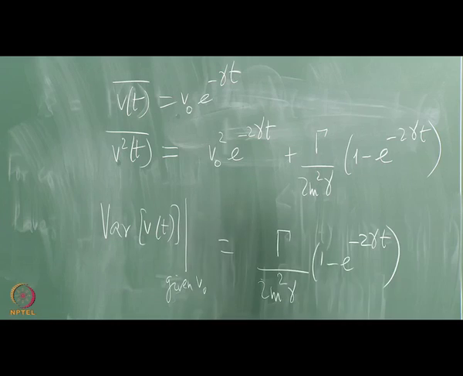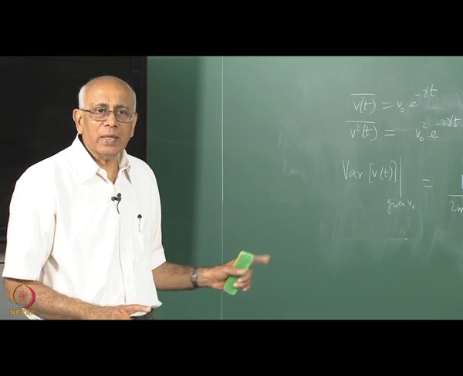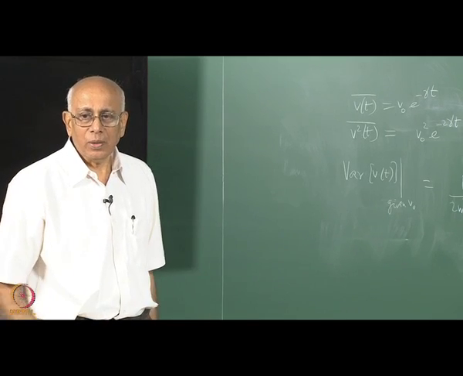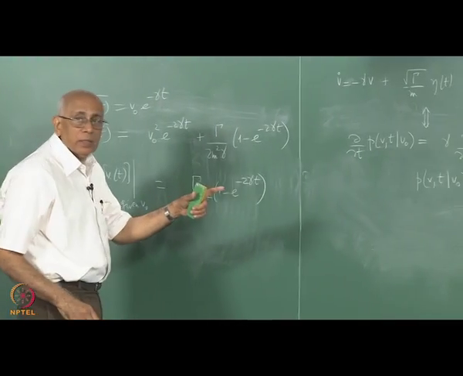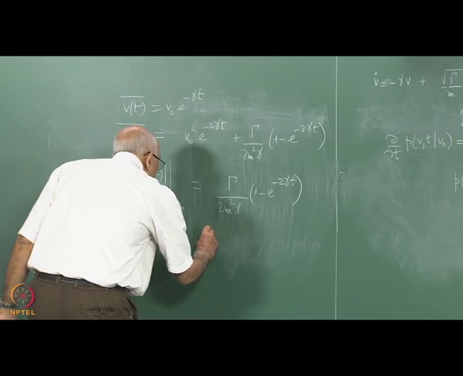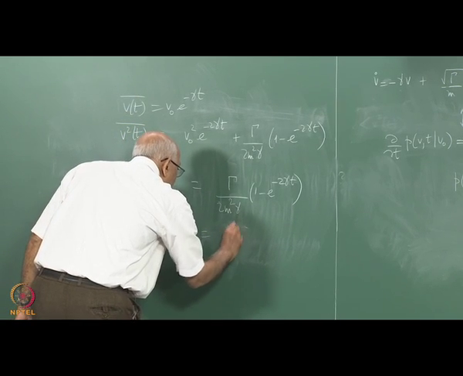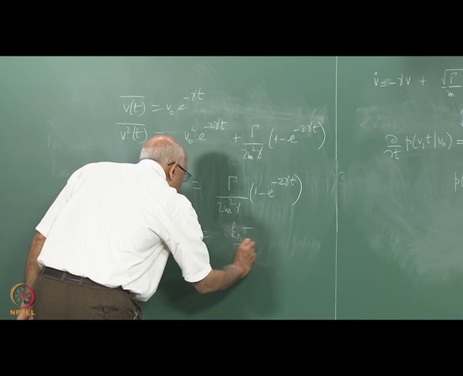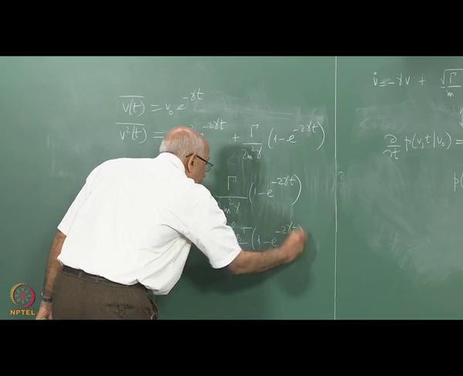Notice that V naught is gone. There is no dependence on V naught at all. Whatever be the initial V naught, the variance of the velocity does not reflect it at all. And now if you put in the fluctuation dissipation relation, which just says the system remains in equilibrium, then this is k Boltzmann T over m times 1 minus e to the minus 2 gamma t.